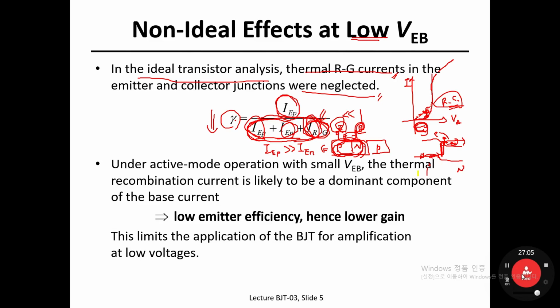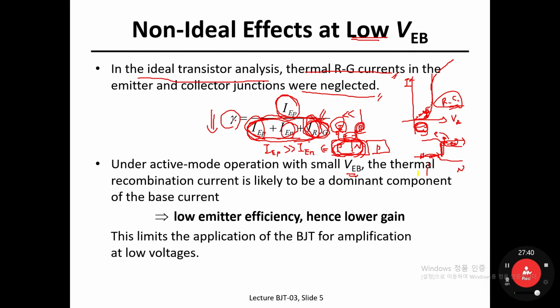Under active mode operation with small forward bias, the emitter base side is small forward biased. So recombination current is likely to be a dominant component of the base current, which results in very low emitter efficiency, which is bad news for a BJT used in an analog amplifier. Hence, lower gain is expected. So this non-ideal effect happens at very small forward bias in BJT, at low VEB, when the emitter base voltage is very low.